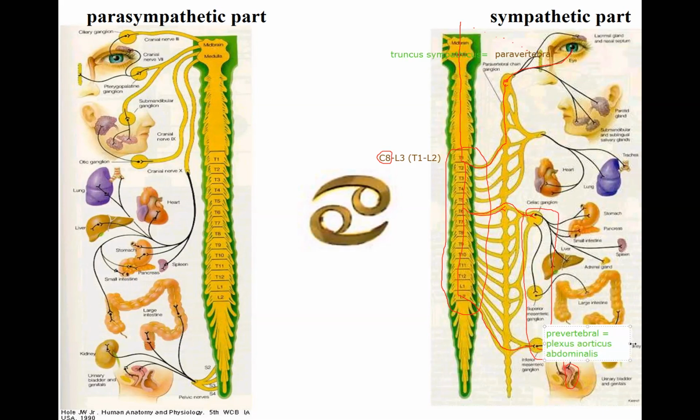Why is it like that? Some of the populations of the neural crest cells, which are the developmental base for these ganglia, stopped here, and some traveled a bit farther and stopped here.